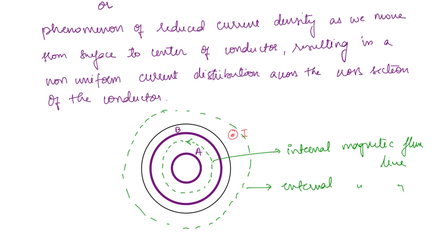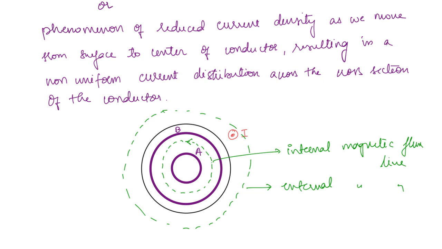Now for this filament A, the internal magnetic flux line is linking this filament as well as the external flux line. But if you consider the filament B, it is not linking the internal flux line. The flux line is inside the filament B, so we don't consider that as linking. The external flux line is going to link B.